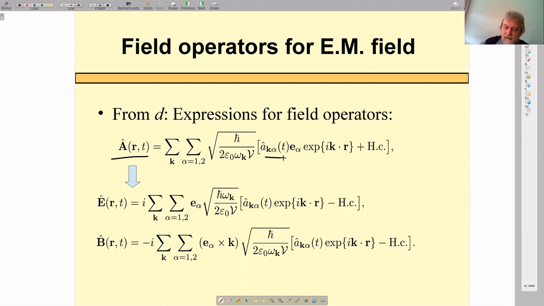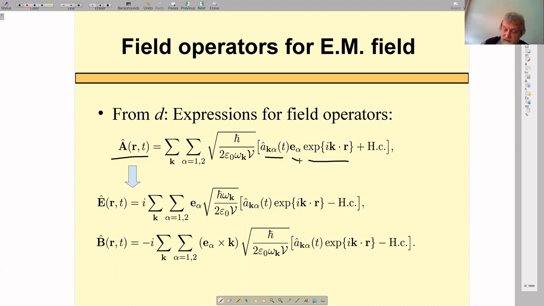And I have plane waves. I have polarization vectors. So we can express the vector potential at a point through creation and annihilation operators. What we can do with the vector potential, we can do with fields.